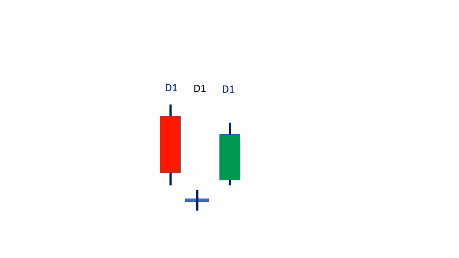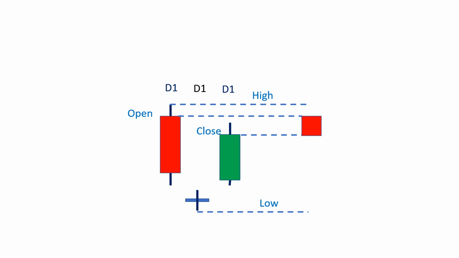Now, to blend these three candles is so easy. We take the open of the first candle, then we take the close of the last candle, and we take the portion between open and close, and then we take the high and the low of the pattern. And the equivalent is nothing but a strong bearish hammer.